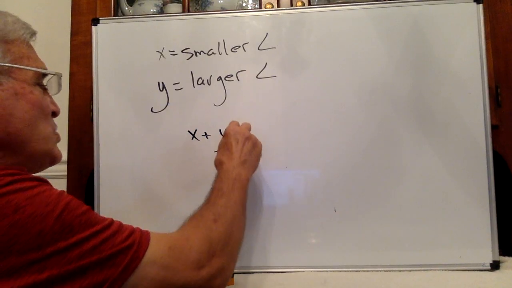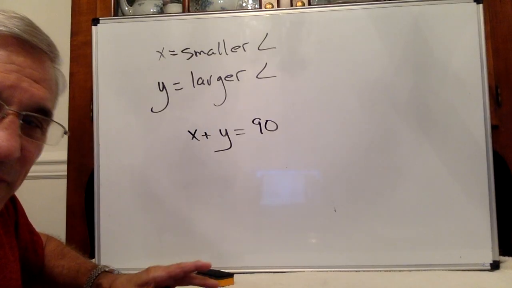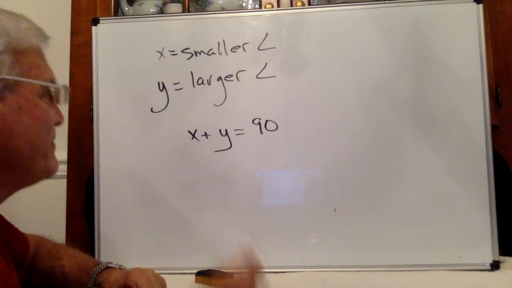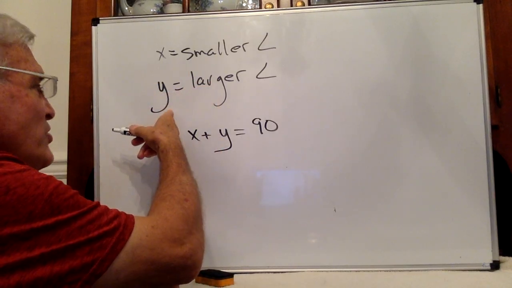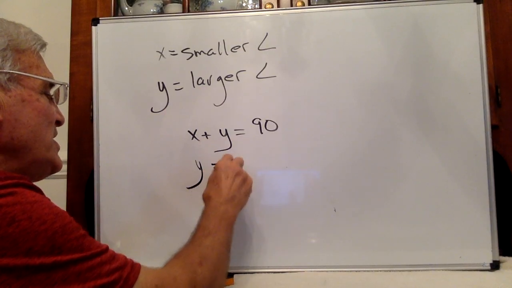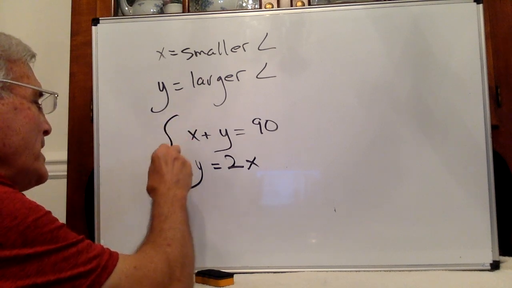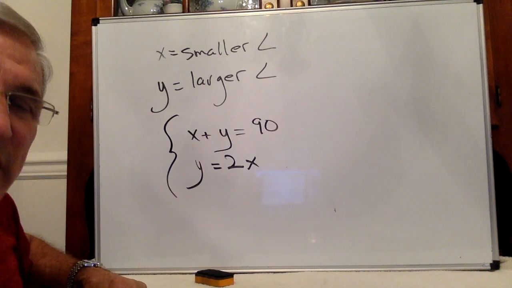Well, that means your two equations are going to be this. One is x plus y is equal to 90. They're complementary, therefore, x plus y is 90. And it said one is twice the other. That means the larger, y, is equal to 2x. You're going to see the bracket, that means solve them simultaneously.